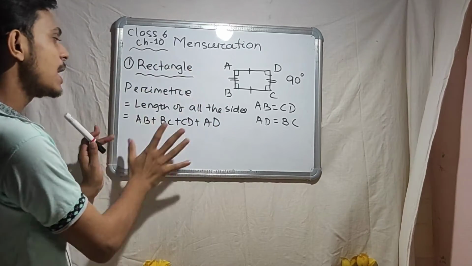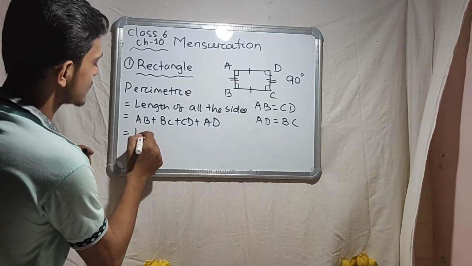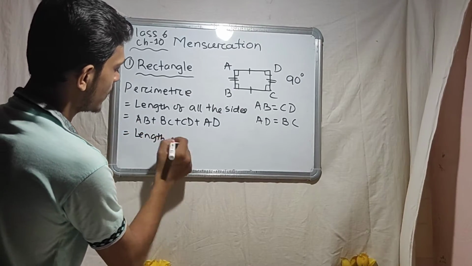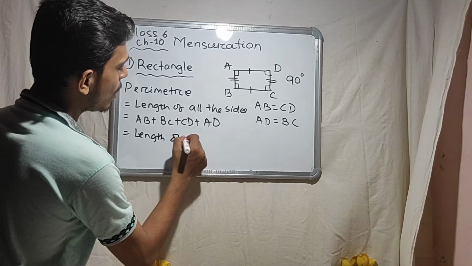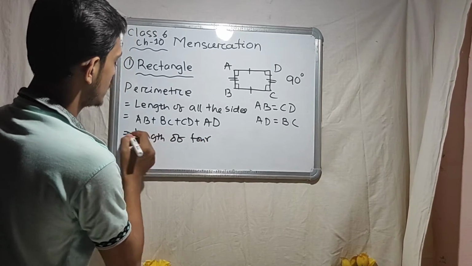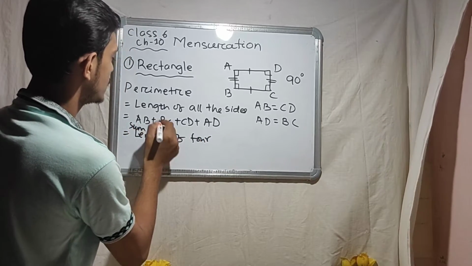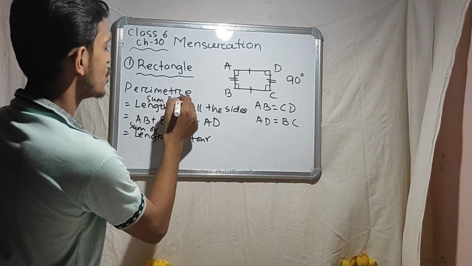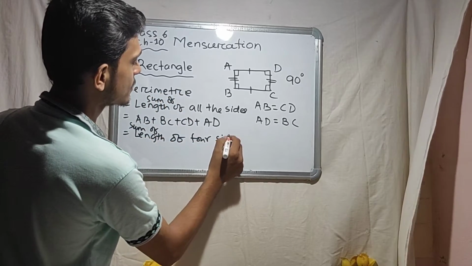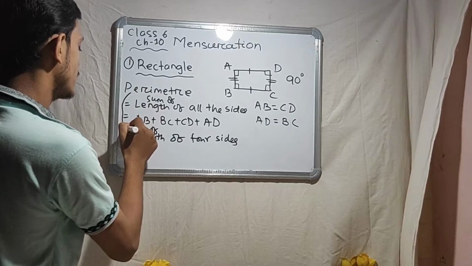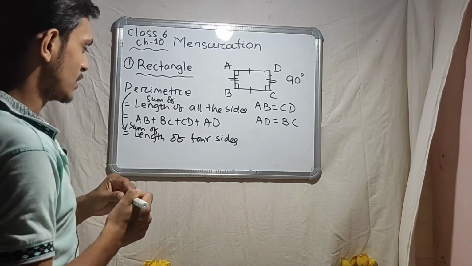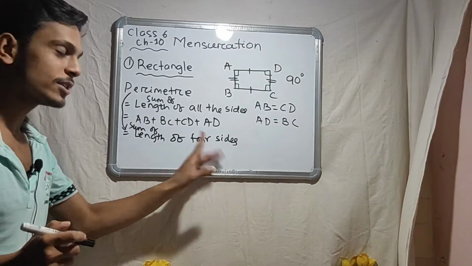This is the formula, that is, the sum of the lengths of the 4 sides. This is the perimeter of a rectangle.